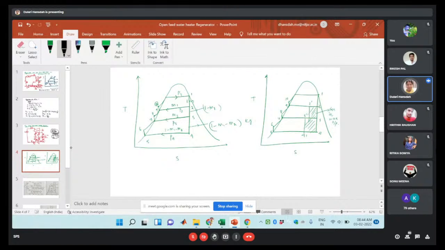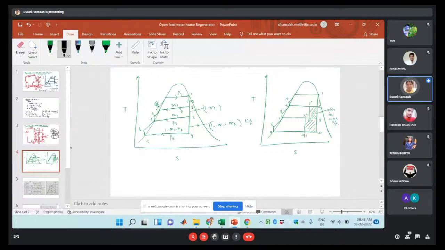Here 1 minus m1 amount of steam is entering, or fluid is entering to this phase, and it will mix with your steam, and here 1 kg of feed water will be pumped to the boiler.